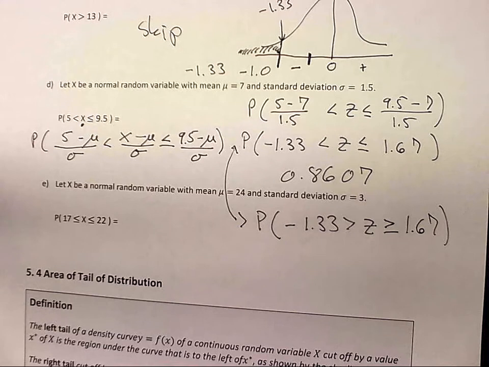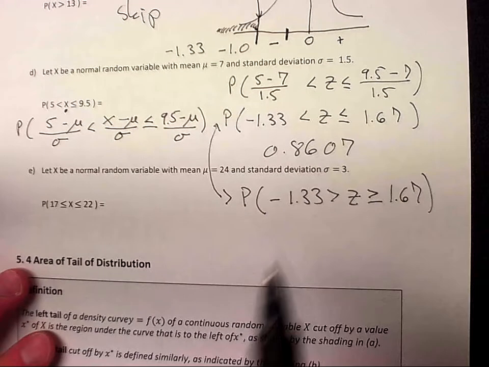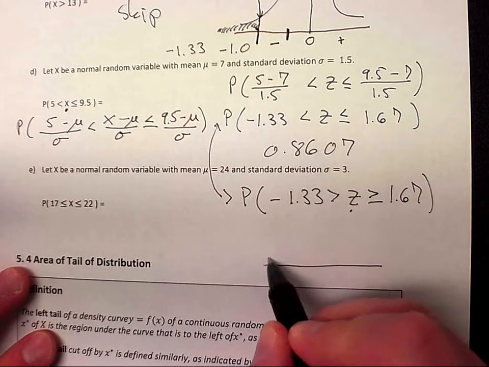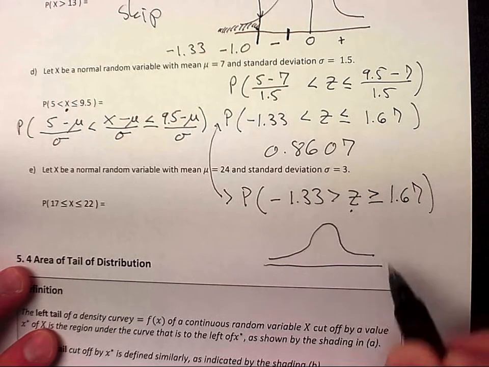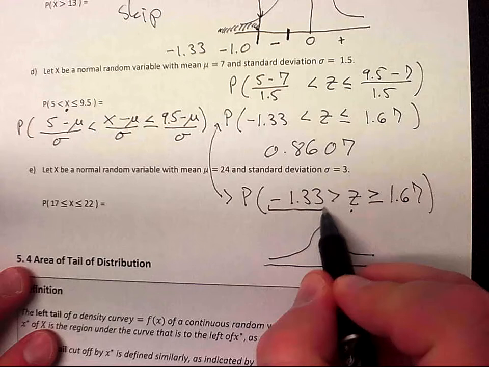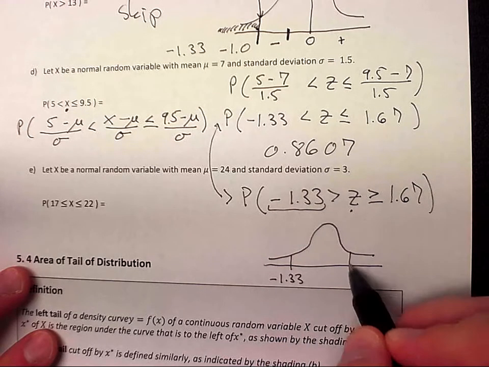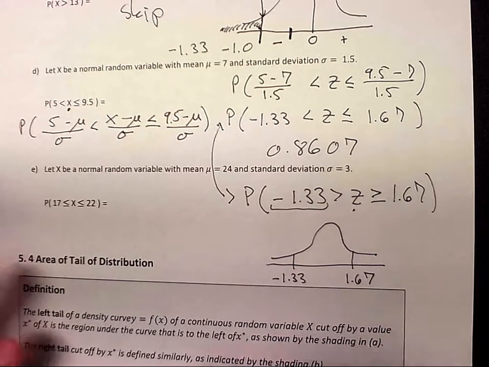Well, how is that going to change our calculation? If we make this into a picture, are we dealing with a z value? Yes, we are. We get to use our normal distribution. We're going to annotate these two values. Here we have a negative 1.33, and here we have a positive 1.67. Nothing's changed there so far.